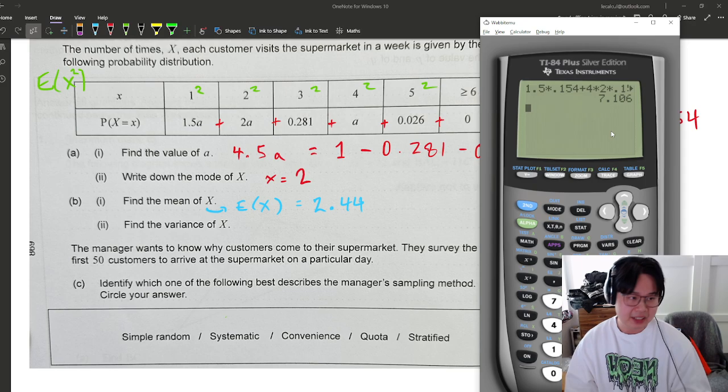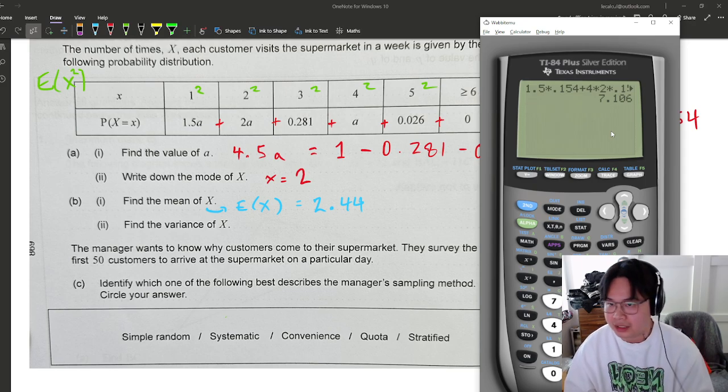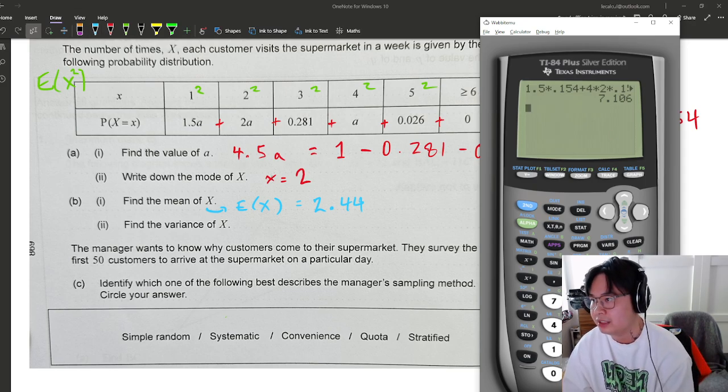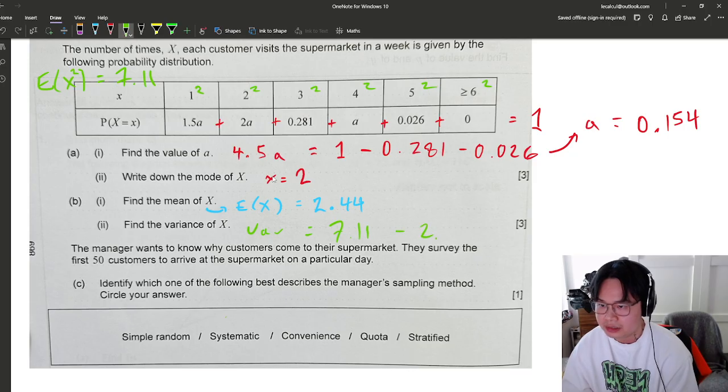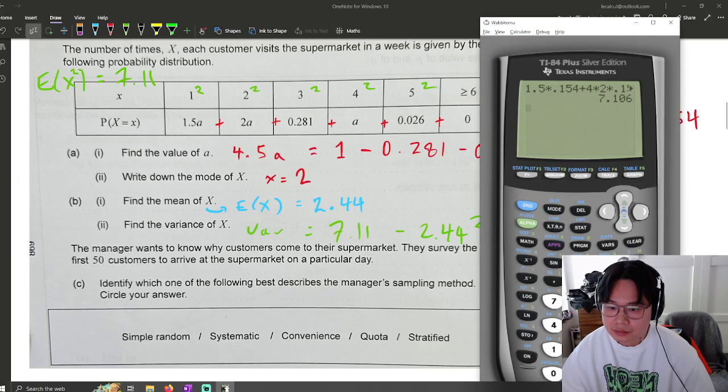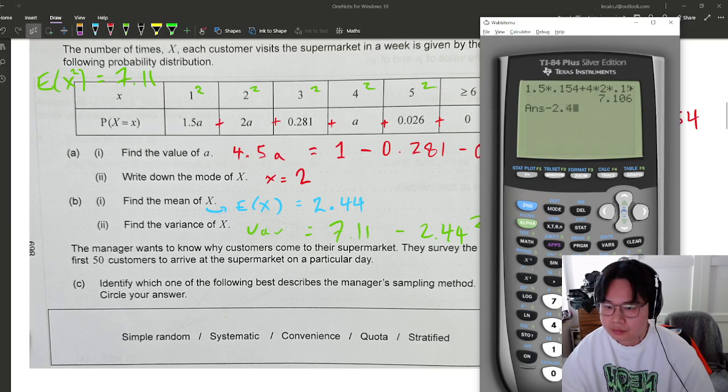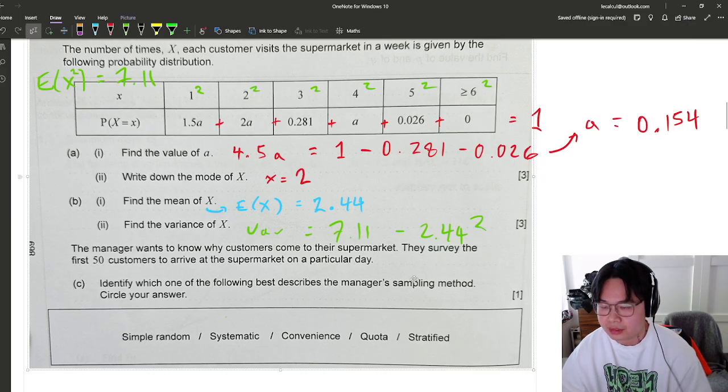Okay, so this is my E of X squared, 7.11. Then your variance is 7.11 minus 2.44 squared. Okay, 115.